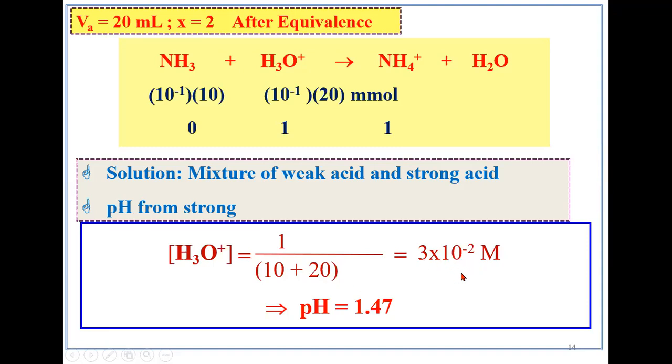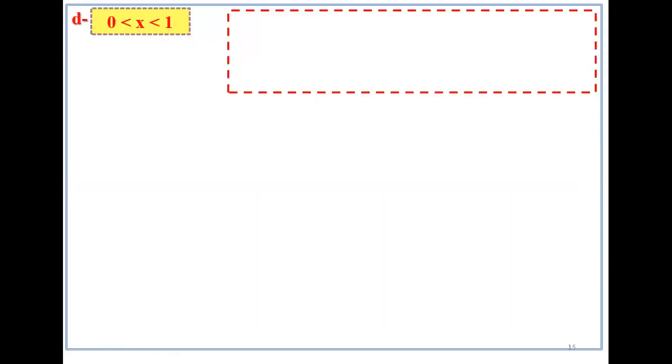You get a new concentration of H3O plus. pH is simply minus log of the H3O plus in solution, and you get the pH. Of course, the pH has to be quite acidic at the end of the titration curve of a weak base with a strong acid.